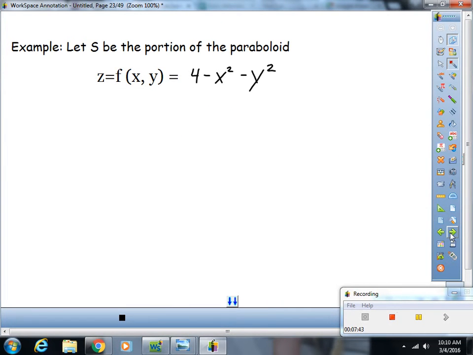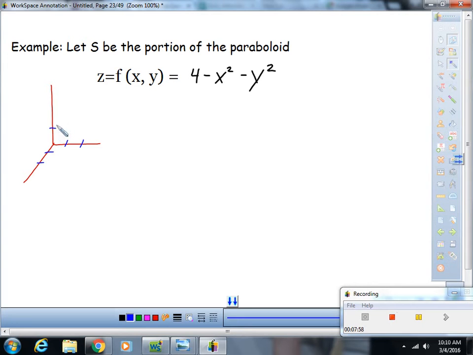So, this is our surface. Hopefully you remember what a paraboloid looks like. This particular paraboloid is going to have a radius of 2, and it's going to have a z-intercept of 4. Okay? We've got upward flow.